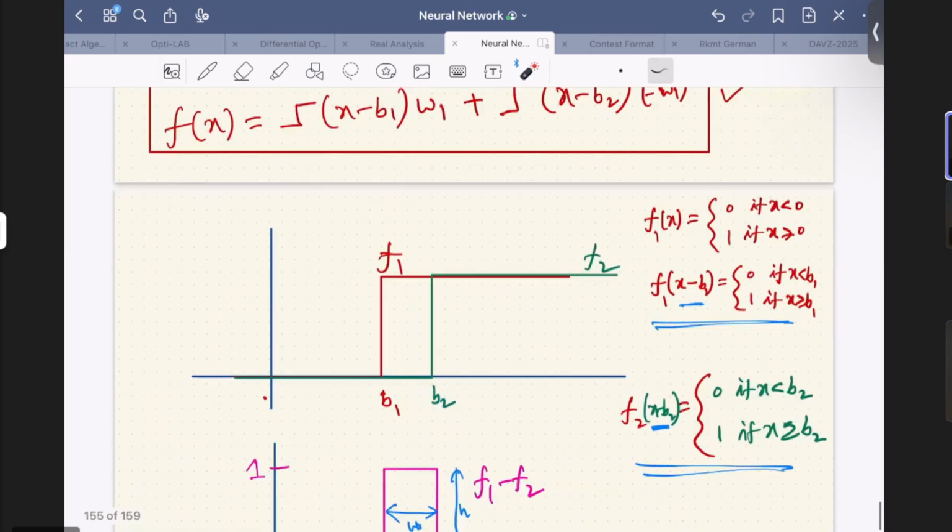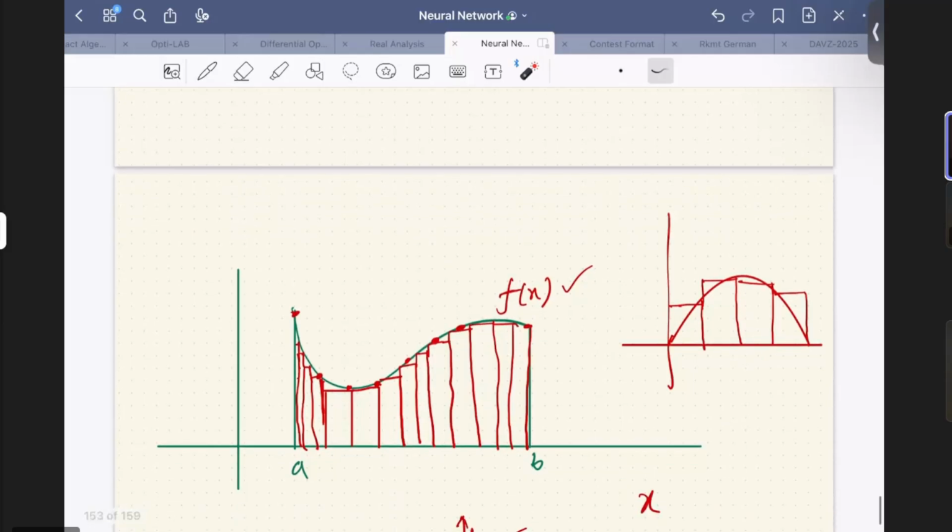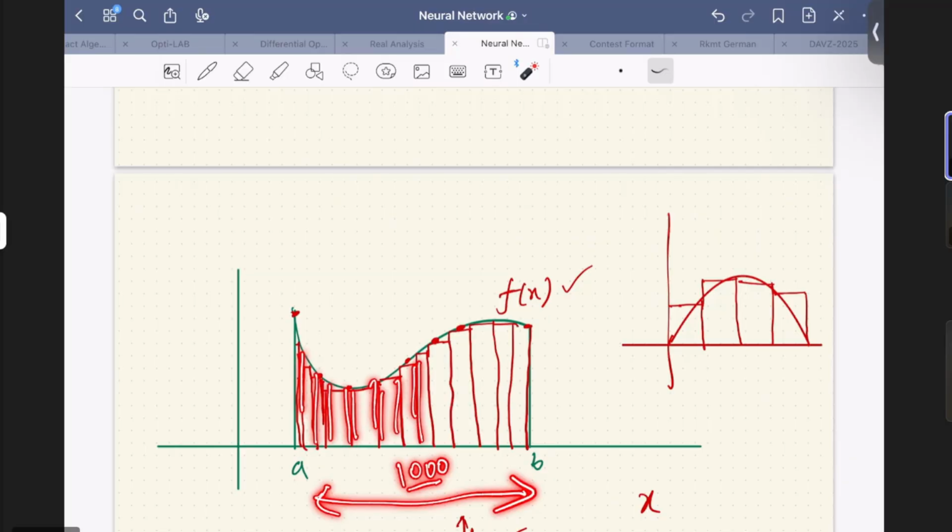Imagine I have kept around 1000 rectangles within this short region, with small widths and heights matching the curve. Then definitely my neural network is mimicking my function f of x in terms of rectangles. You agree?